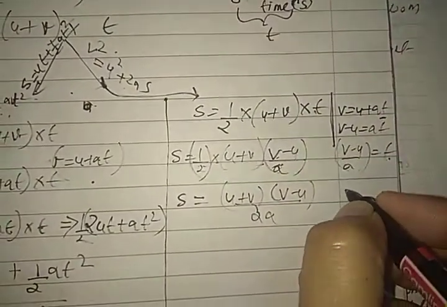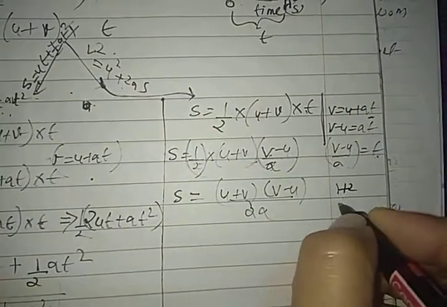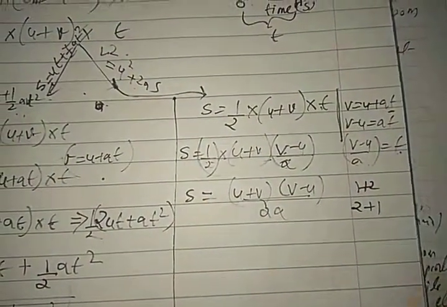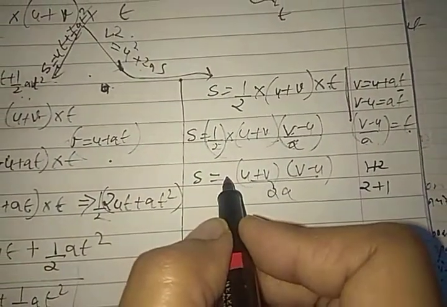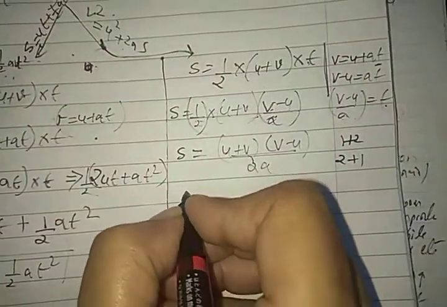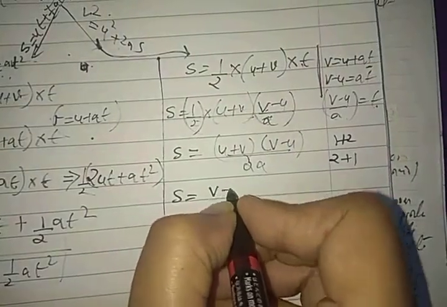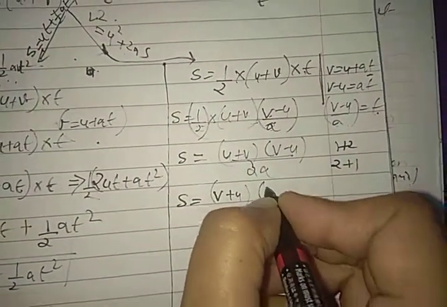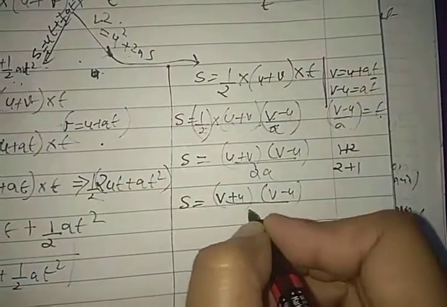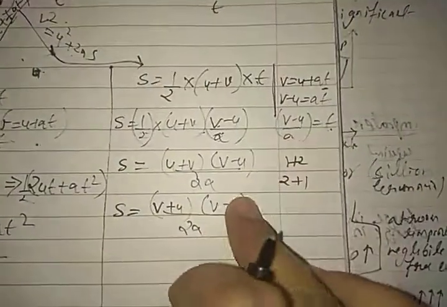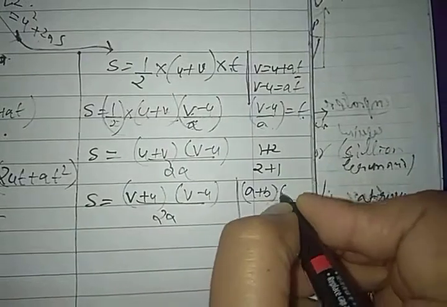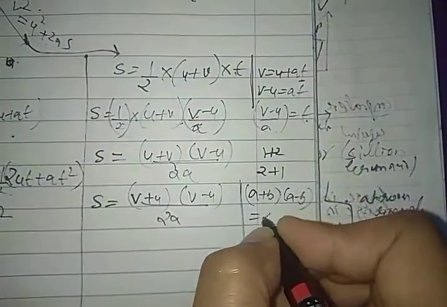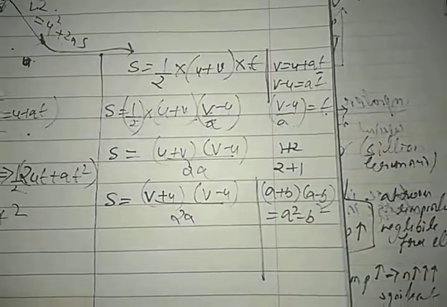Students, if I write 1 plus 2, I can write 2 plus 1 also; they are equal. So instead of u plus v, I can write v plus u, because it will form the formula. S is equal to v plus u into v minus u upon 2a. This is the formula a plus b into a minus b, which can be written as a square minus b square.